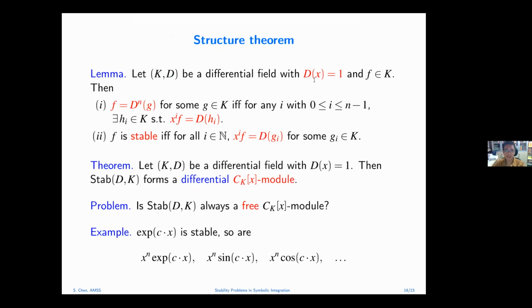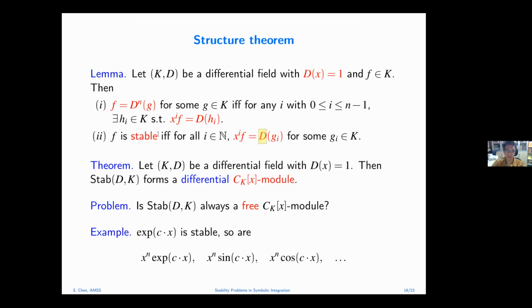The first result shows that there is another way to describe the stable elements in a differential field. The characterization is this one: f is stable if and only if for each i, e to the ix times f is the derivative of another element.